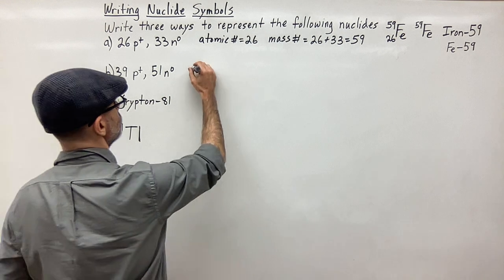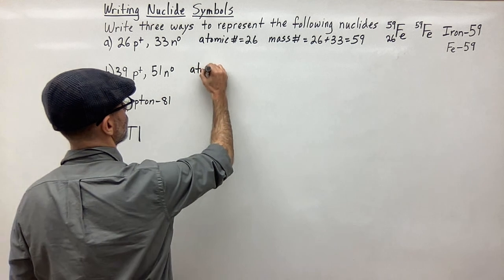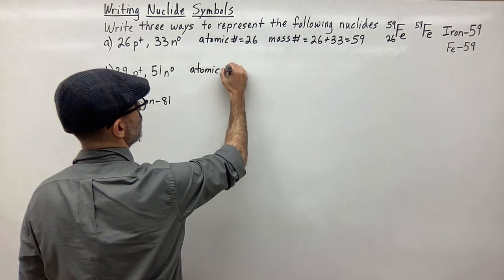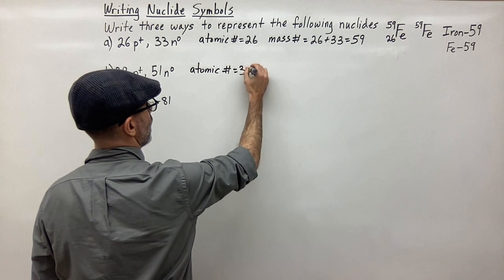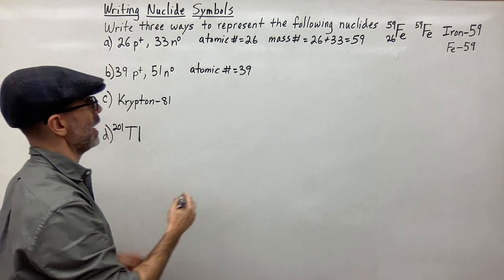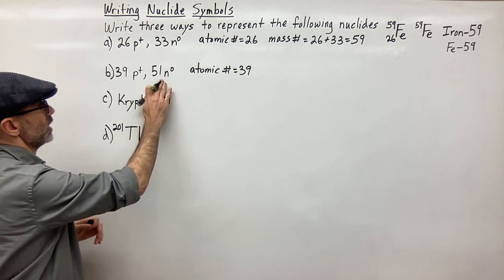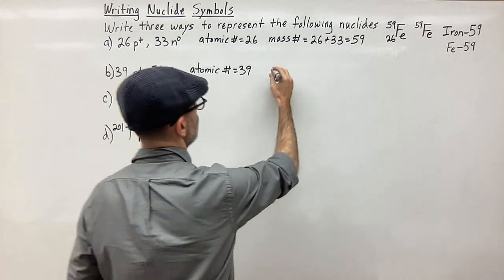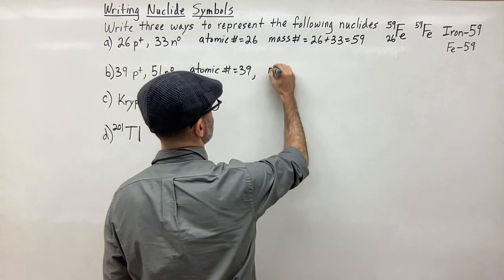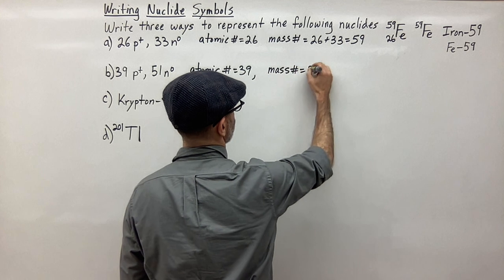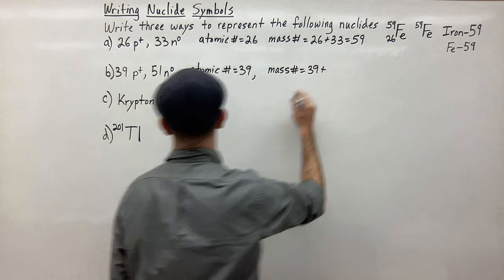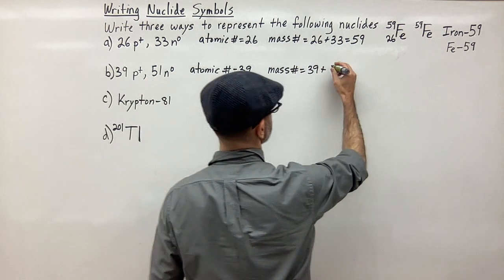So here, the atomic number is equal to 39. And then the mass number is going to be the neutrons plus the protons. So here, the mass number is equal to 39 plus 51.